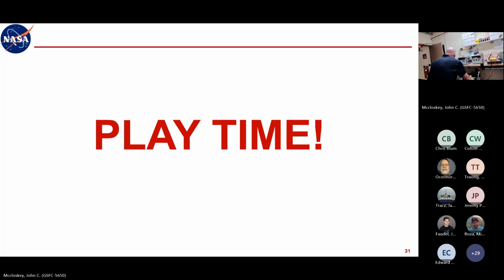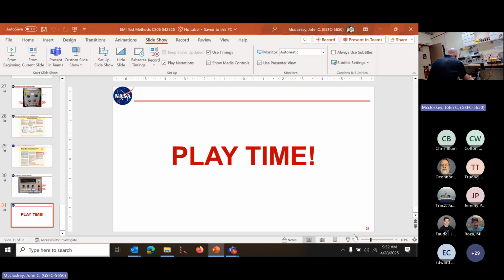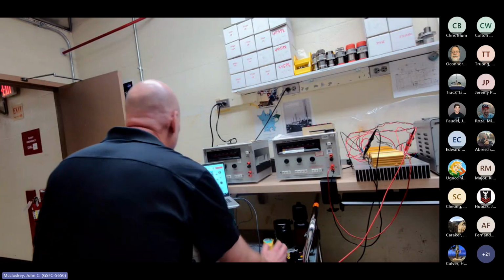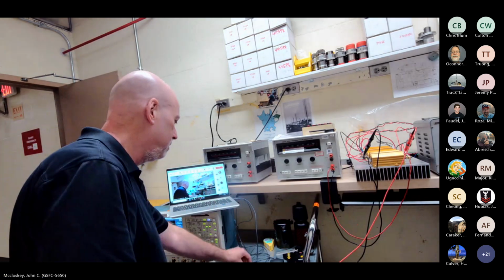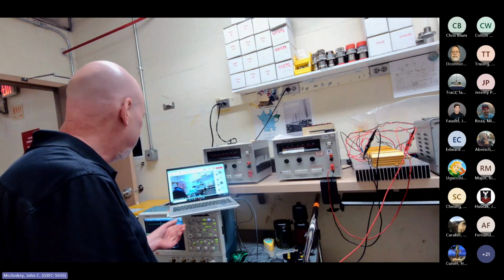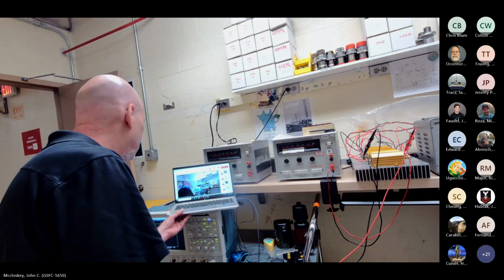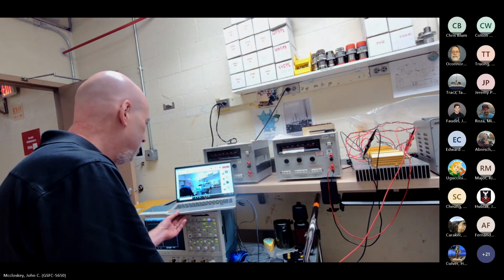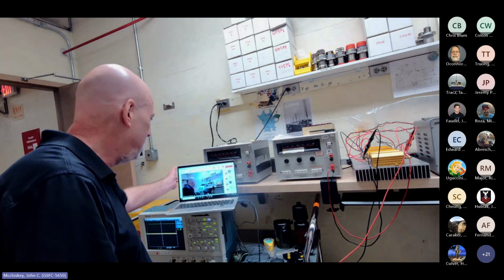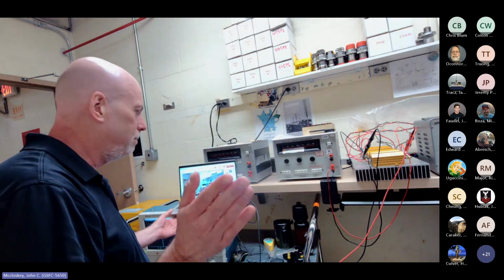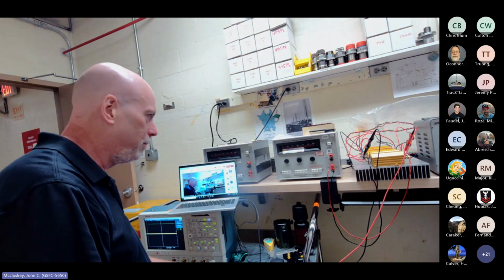So, all right, let me stop sharing the charts. Can you see the view in the lab now? Yes. Okay, so I may pick up the camera and move it around here in a little bit, but the basic setup, we're not going to actually hook up to the unit under test in the other room.